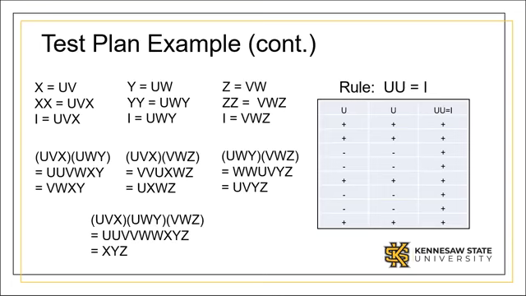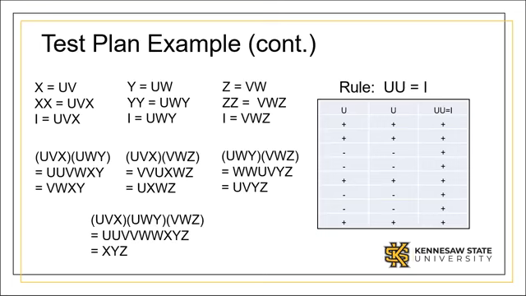Our next 3 aliases are found above to be UVX, UWY, and VWZ. Now we can multiply each of these words by the other to find more words. Remember to rearrange and combine.